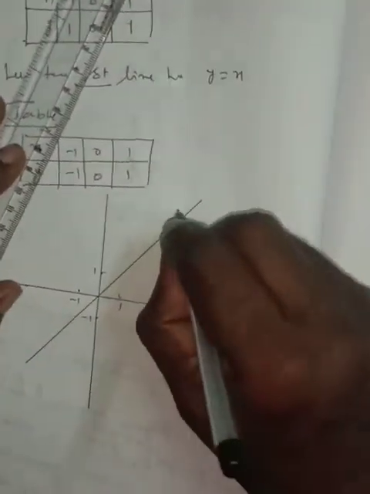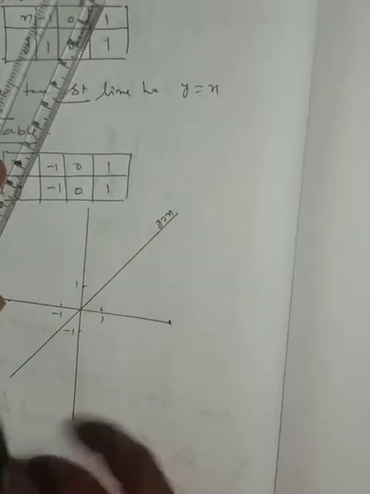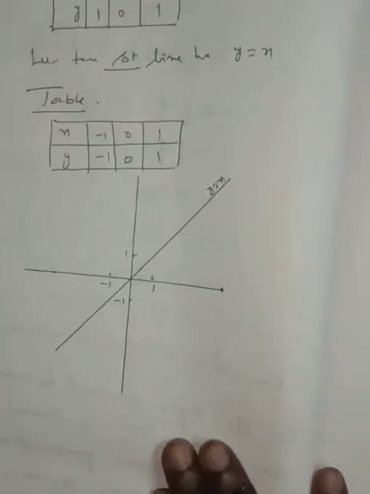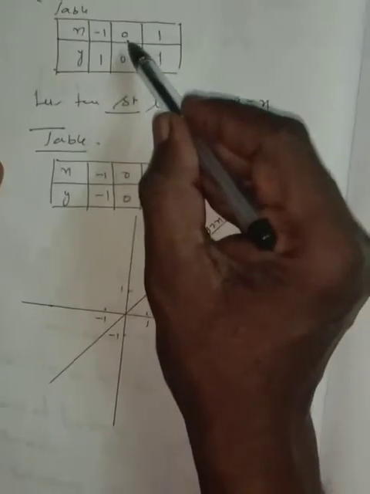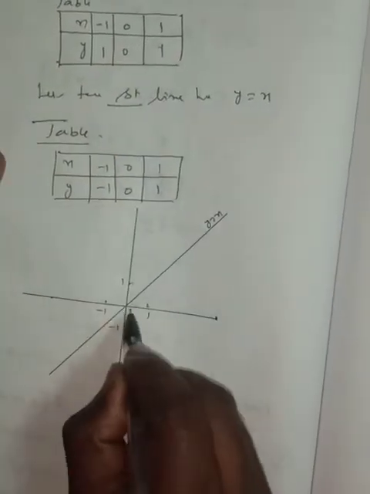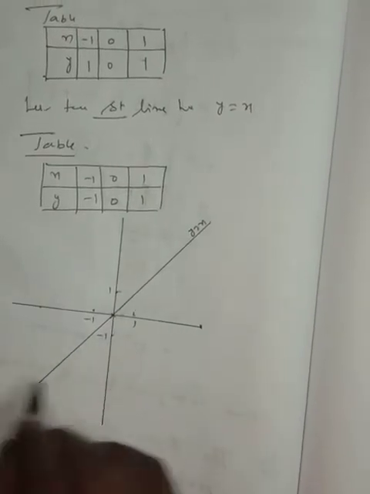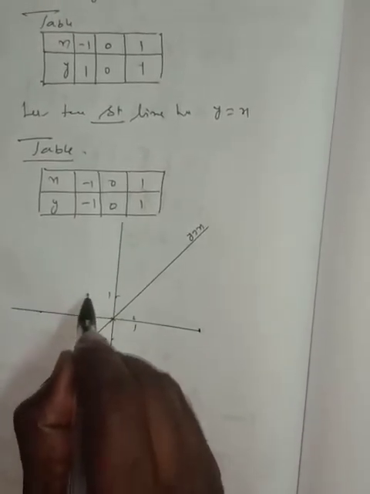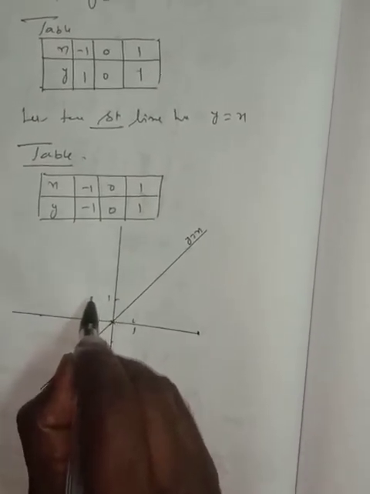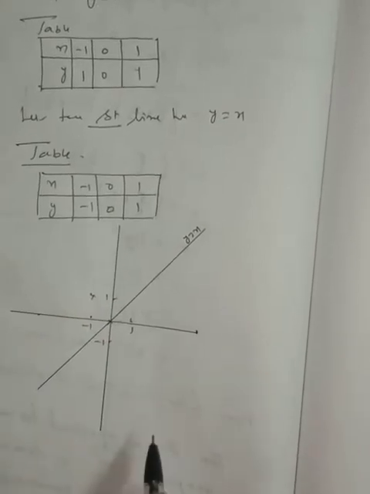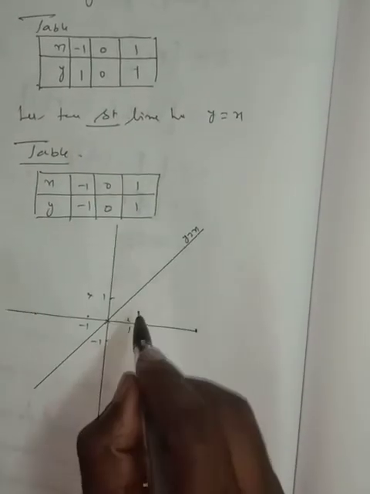This is the y is equal to x straight line. Take the curve table: 0, 0. Next -1, 1. Next 1, 1.